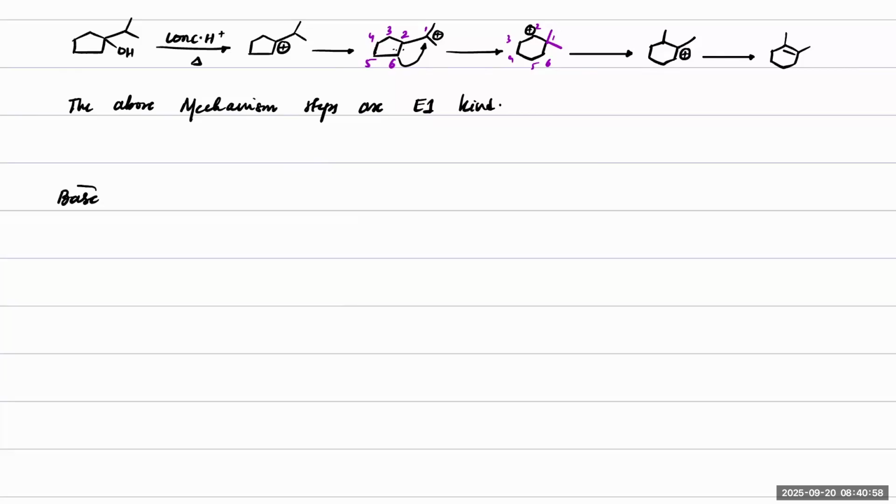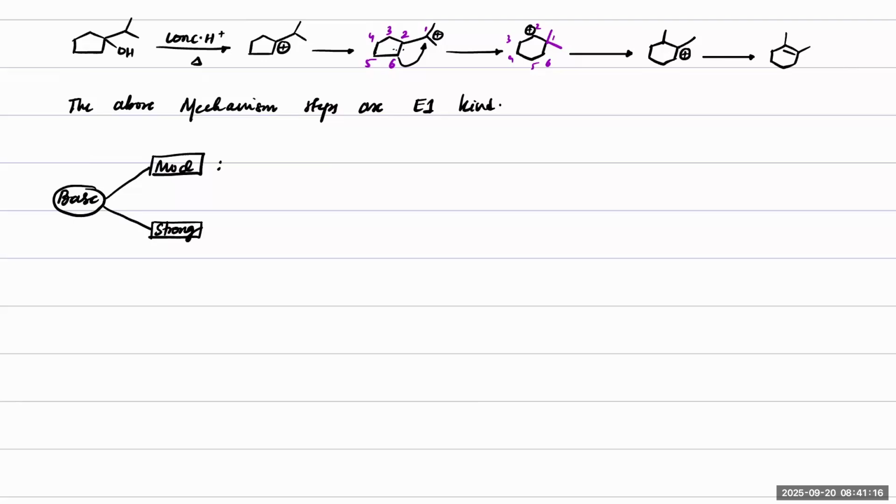Otherwise, we can have a base which is moderate to strong also. So a base could be in moderate form, or it could be in strong form. Got it? Clear?